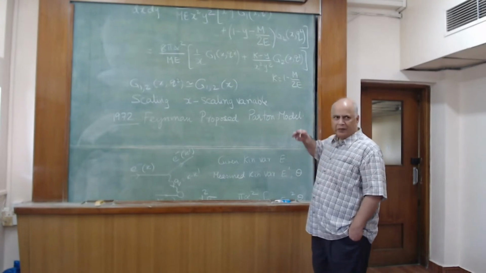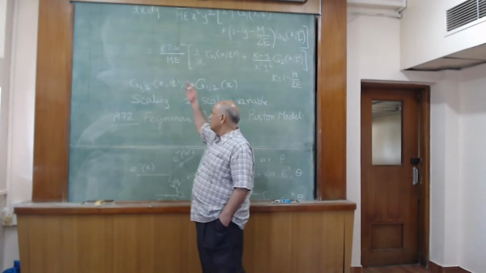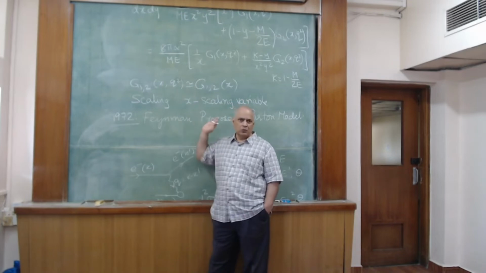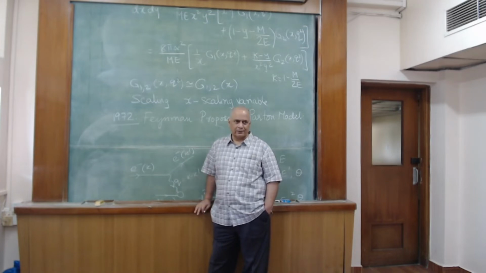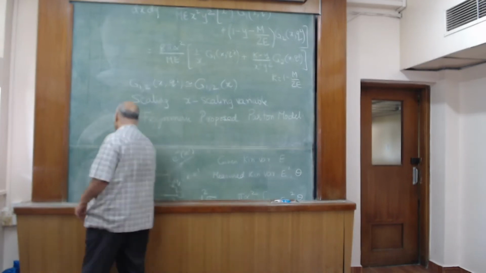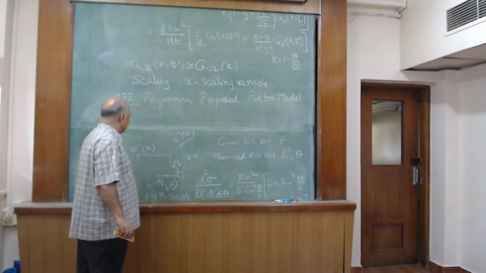It could very simply explain why G1 and G2, instead of depending on two variables x and q square, depend only on x. So let us see what this Parton model says.